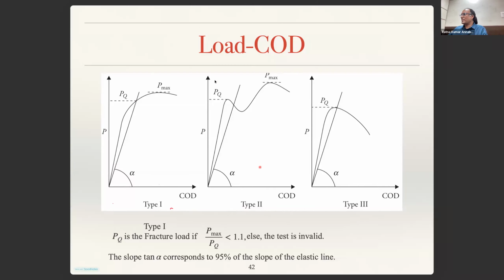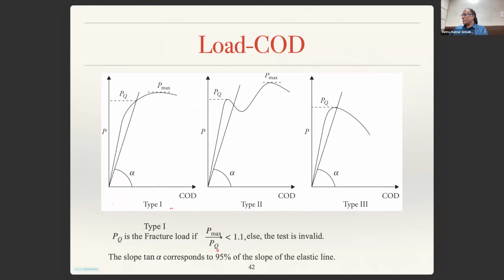For example, if you look at the type 2 curve, you have two clear maxima, isn't it? If you have two clear maxima, then PQ is very clear. PQ is your fracture load.